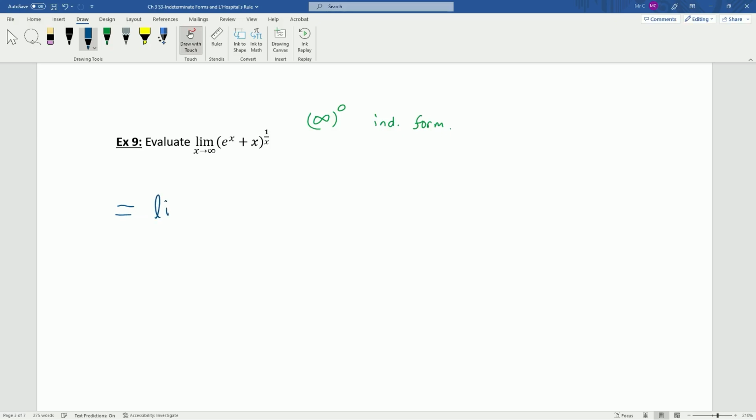So this looks a little odd because we're going to have an exponential function inside an exponential function, but that doesn't cause any problems. This will be e to the natural log of e to the x plus x to the 1 over x. I move the 1 over x in front.